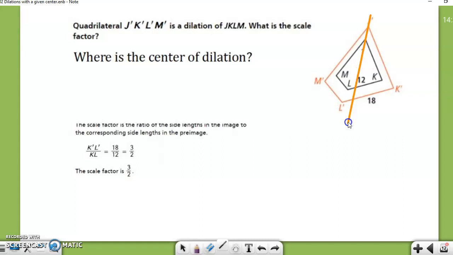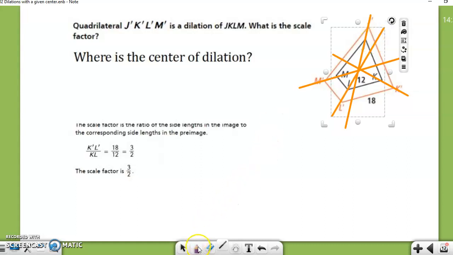Connect my corresponding vertices. And where all of those lines intersect, that's my center of dilation.